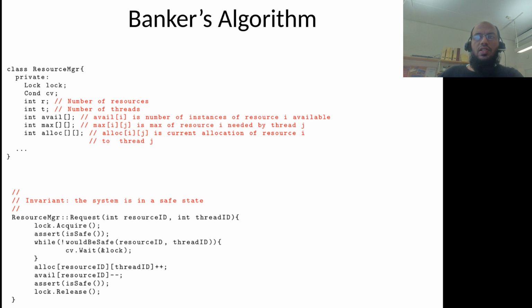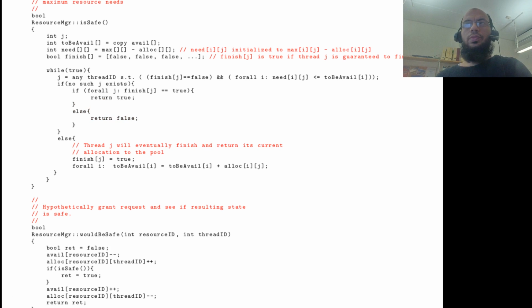If it's safe, then you start allocating the resources, and when you do the allocation, you change all the different parameters that you have defined earlier in your class. For example, in the allocation map or array, you increase the resources allocated to the thread, and you decrease them from the available resources. Then you assert again that things are still safe, and you release the lock.